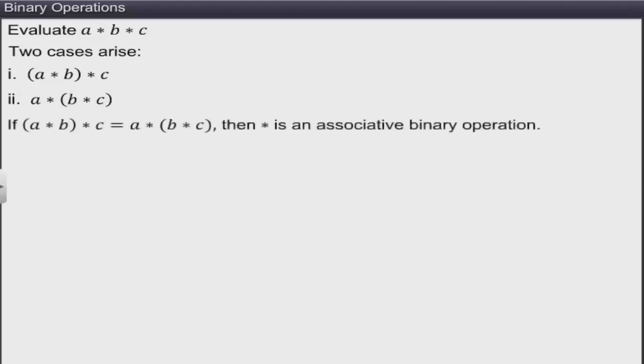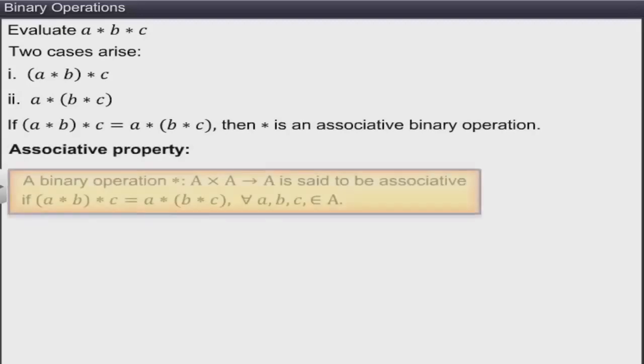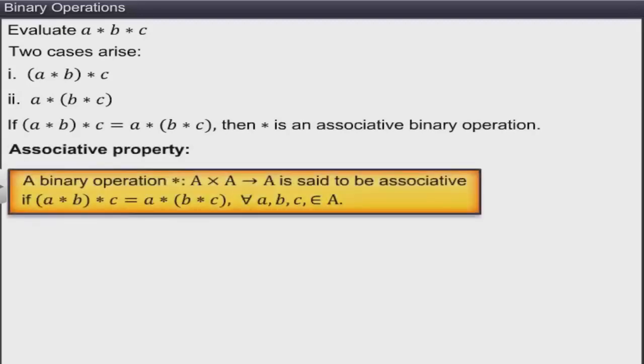If the result in both the cases is equal, then star is said to be an associative binary operation. In other words, a binary operation star on set A is said to be associative if (A star B) star C is equal to A star (B star C) for all A, B and C belonging to A.